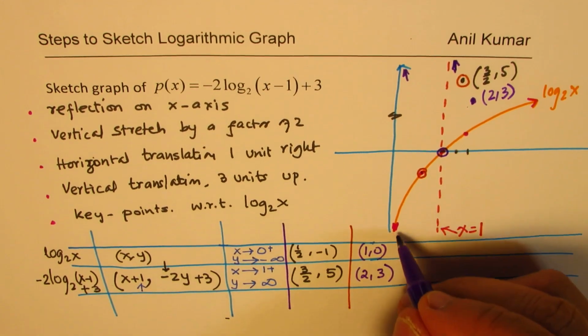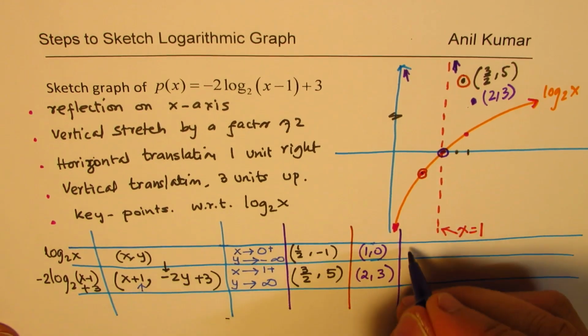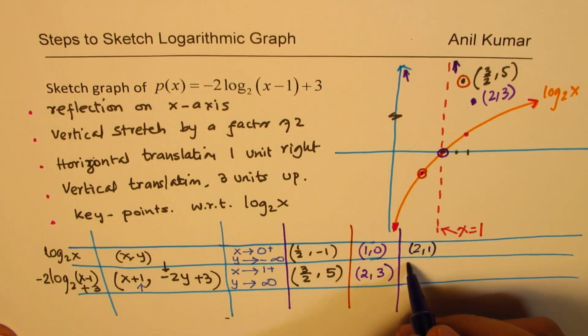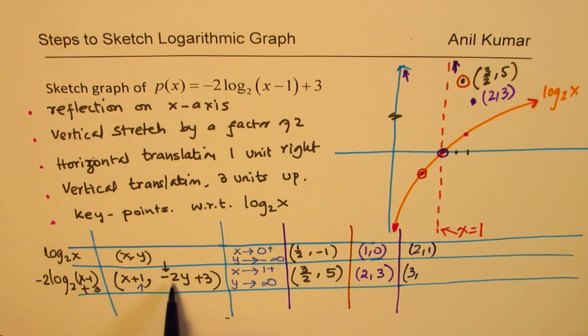Now, the third point, which is a key value for us, is at 2, the value was 1 in the original function. So to 2, I'm going to add 1, it becomes 3. To 1, I'll multiply by -2, it becomes -2, plus 3 will give me +1, correct?